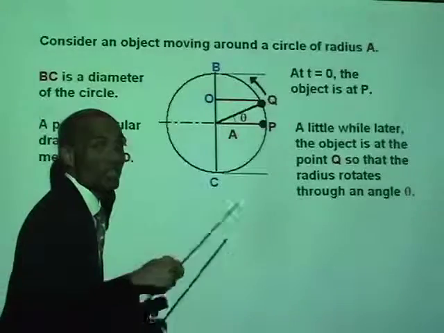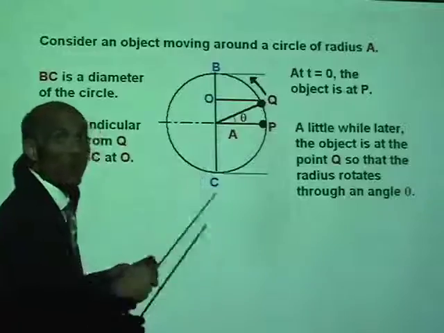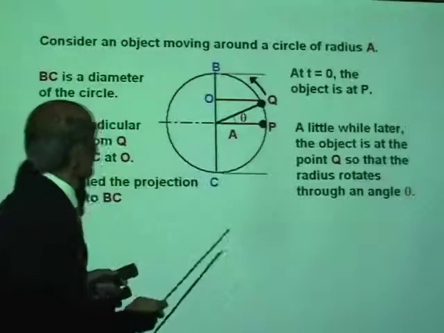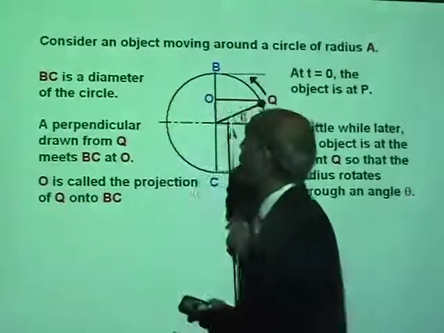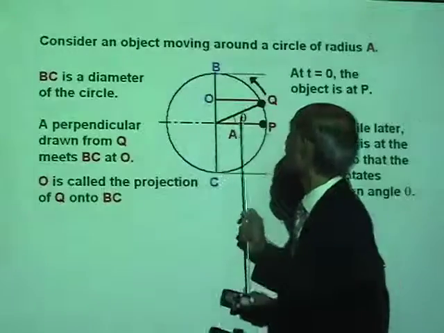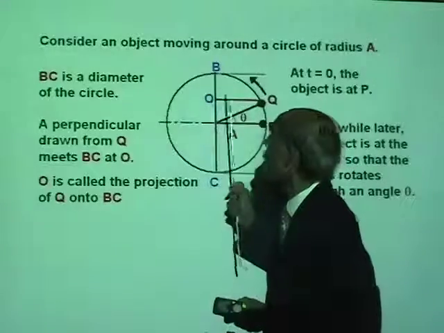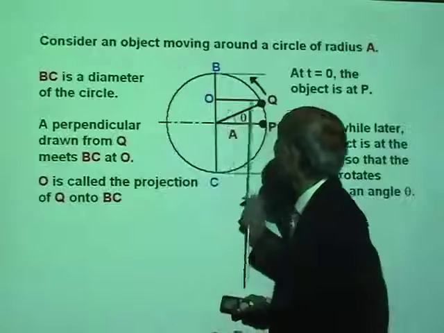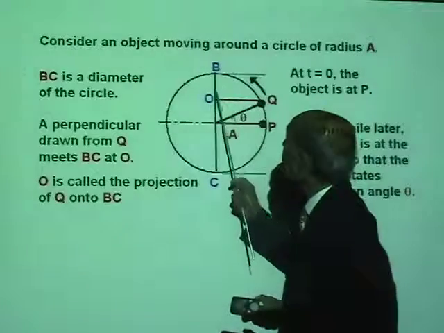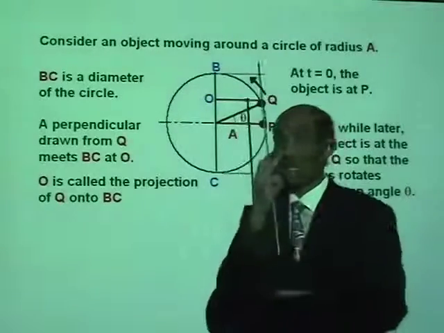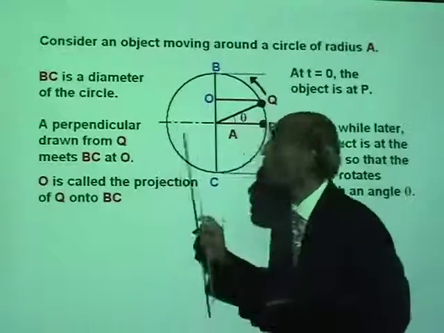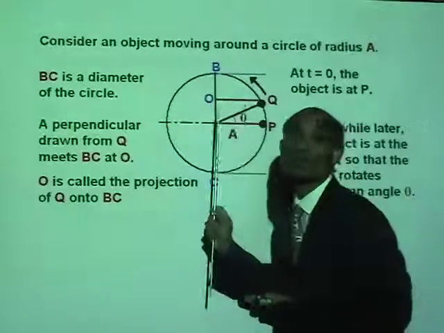Now take note of all these small developments. Now, O is called the projection of Q onto BC. The projection of Q onto BC.